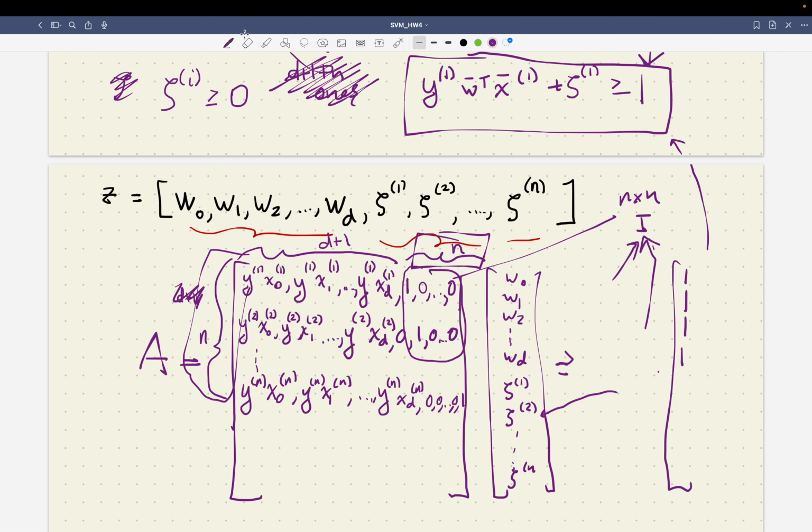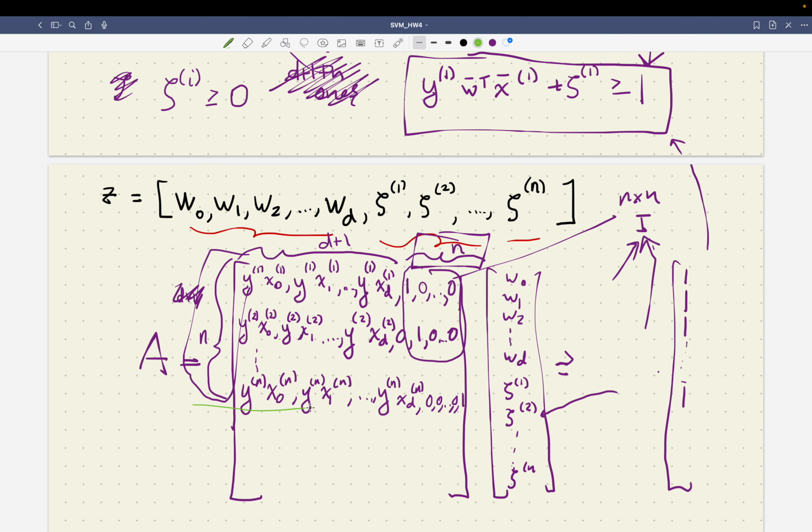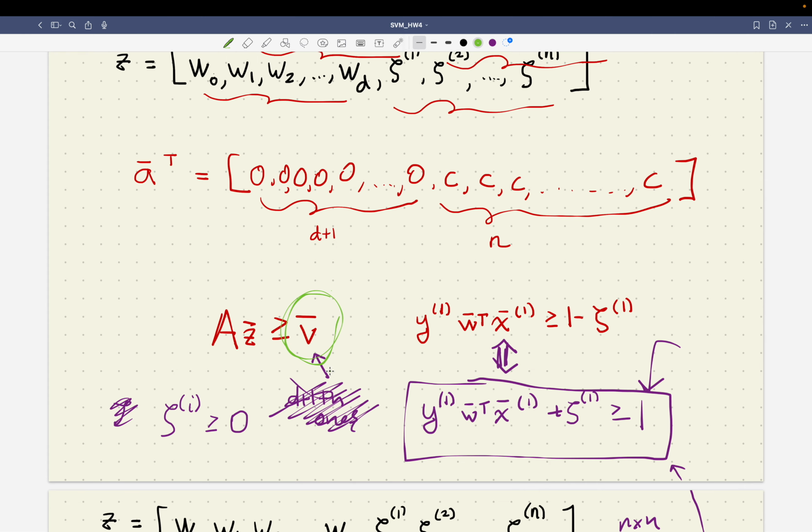So we do want those to be 1s. And then let's just put a last 1 here. And now let's just think of this as being like the end of that. So this is n 1s here. Okay, and what we're building is this v.